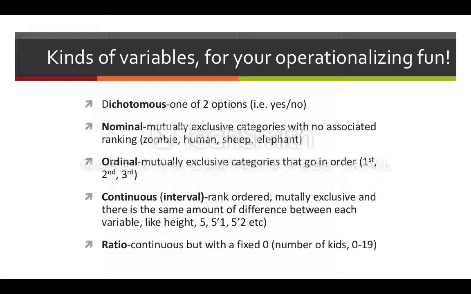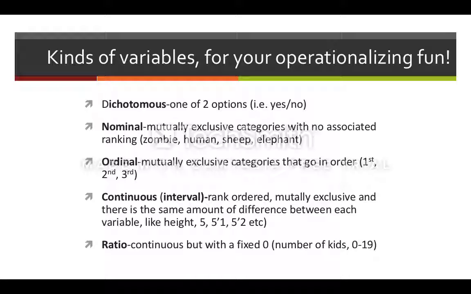Continuous variables are a type of ordinal variable. They're also rank ordered and mutually exclusive. But with continuous variables, there's the same amount of difference between each variable. So rather than preschool, elementary school, middle school, which comprise different age ranges.